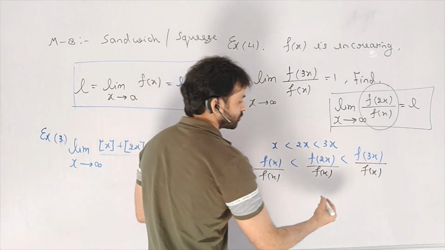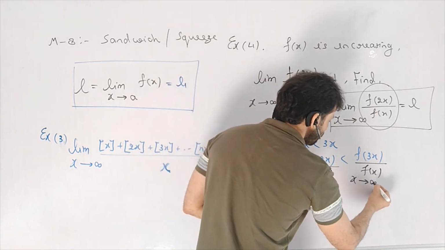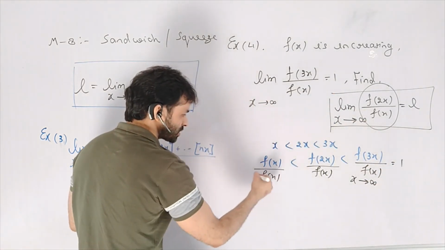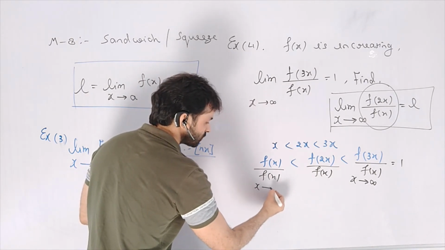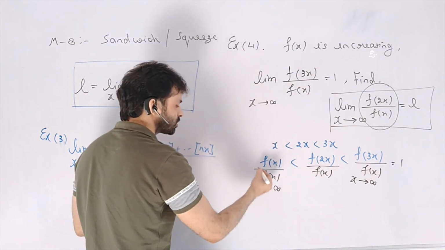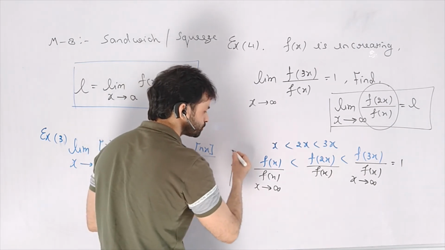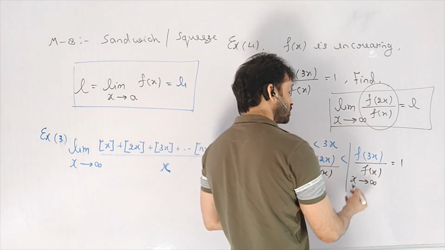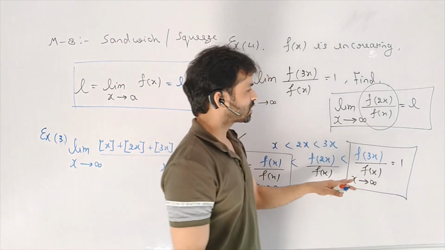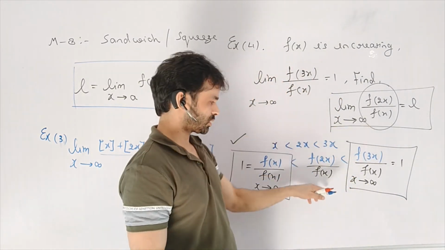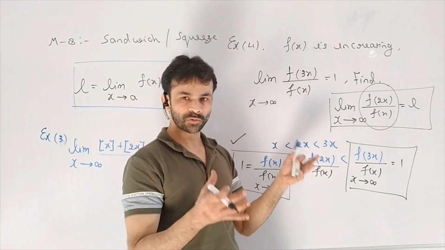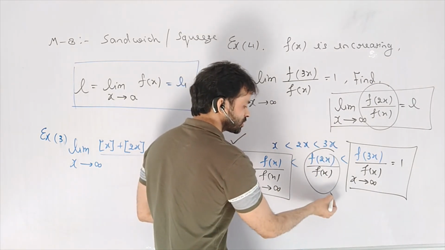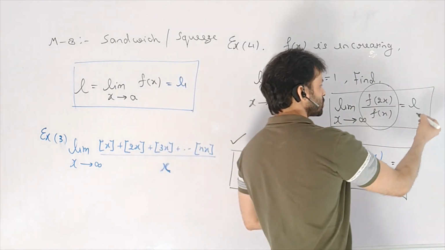For x tends to infinity, the limit of this was given as 1, and whatever x is tending to, the limit of this will always be 1. So the limit of this is 1, the limit of this is 1, so the limit of this in-between function, sandwiched between these two, has to be 1. So the answer was 1.